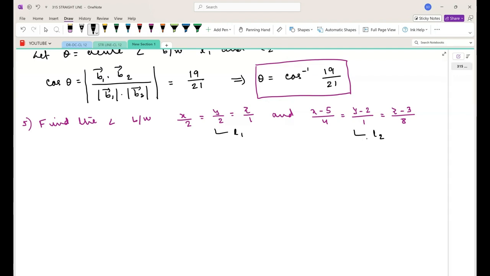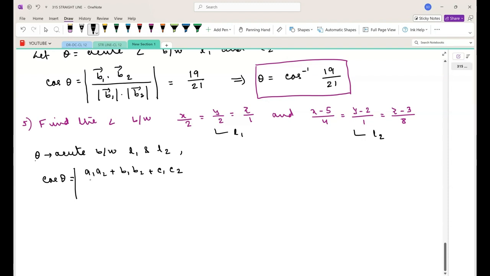First, let us write the formula. We know that if theta is the acute angle between L1 and L2, then cos theta is given by the modulus of A1 A2 plus B1 B2 plus C1 C2, whole divided by root over A1 squared plus B1 squared plus C1 squared into root over A2 squared plus B2 squared plus C2 squared.